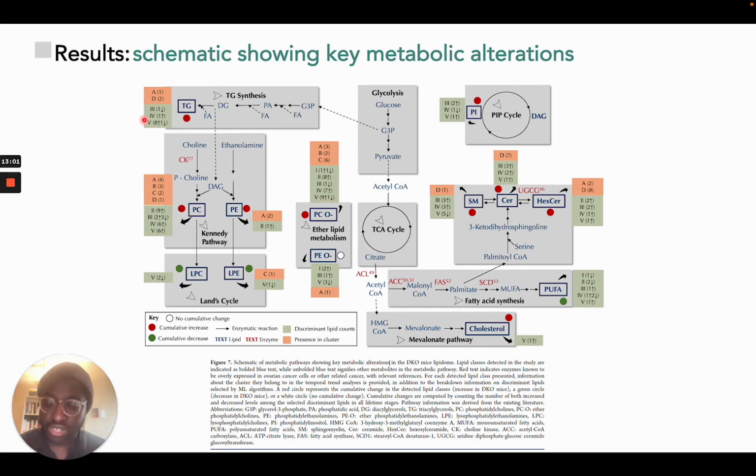We also leveraged the discriminant lipids detected using machine learning, and we used that to build this visualization of what we think might be going on. We're of course seeing perturbations in triglyceride synthesis, the Kennedy pathway, the Land cycle, ether lipid metabolism, fatty acid synthesis, and so on and so forth. And these are discussed in detail in our paper.